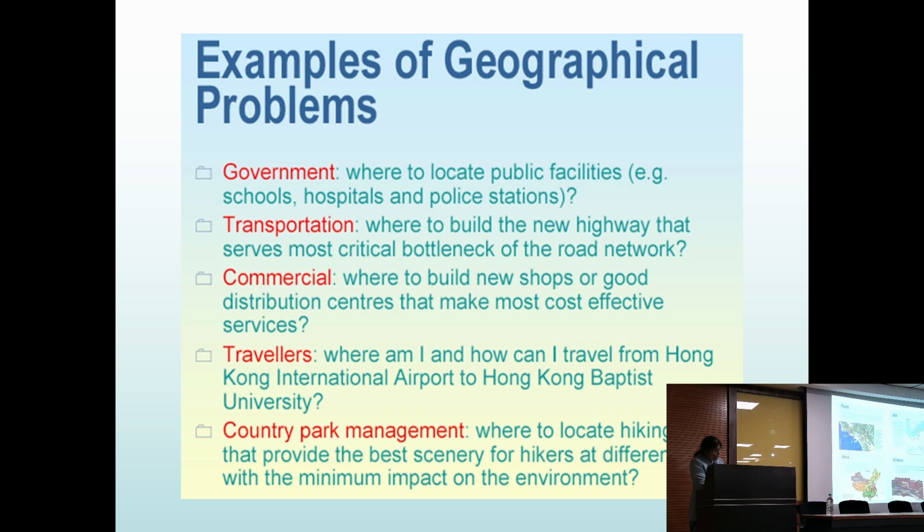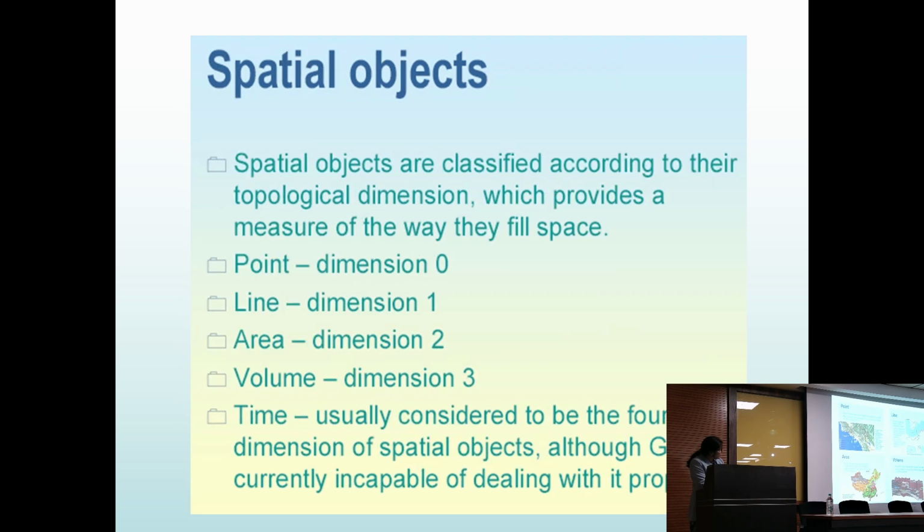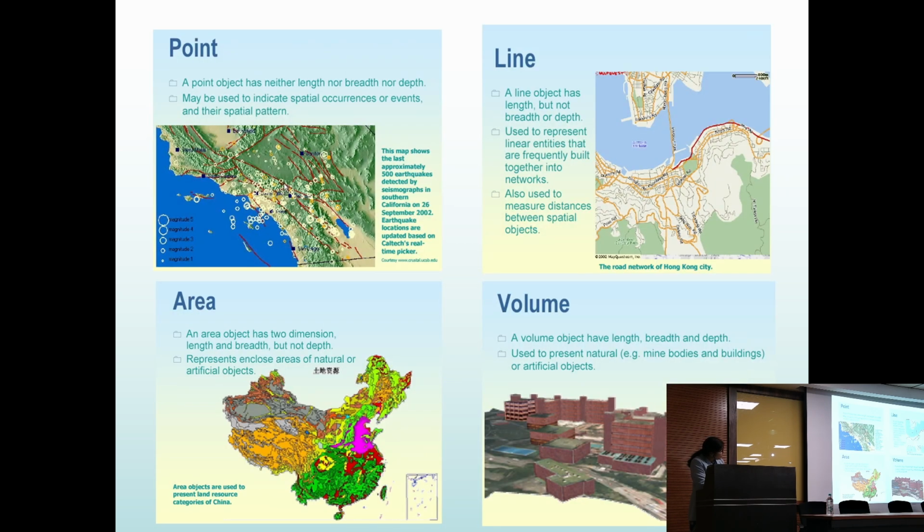How are points, lines, polygons and volumes represented in GIS environment? See, in GIS there are two concepts, feature and layer. Suppose one point layer we are representing post office locations.